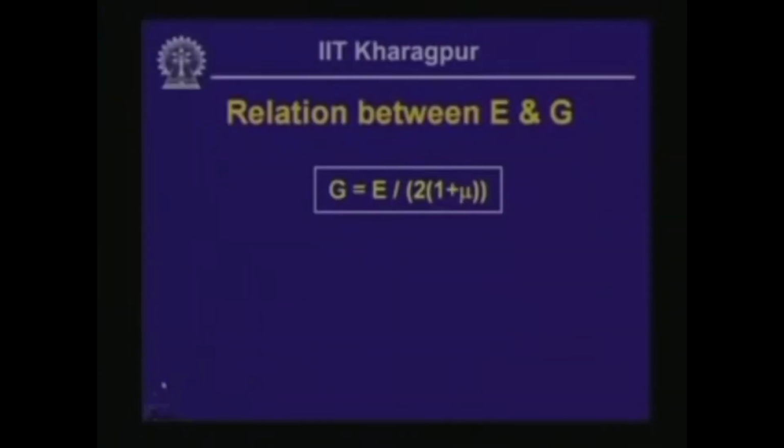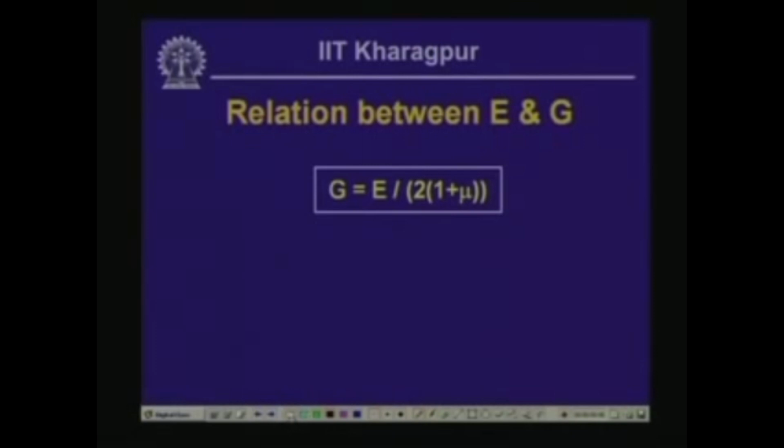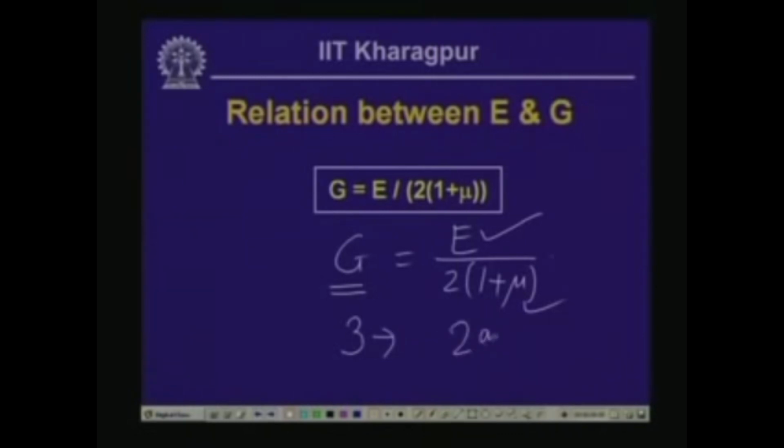This is what is demonstrated here: G is equal to E divided by 2 into 1 plus mu, which we derived last time. Once we know the values of E and mu, we can get the value of G. So, though we need these 3 constants, 2 are independent.